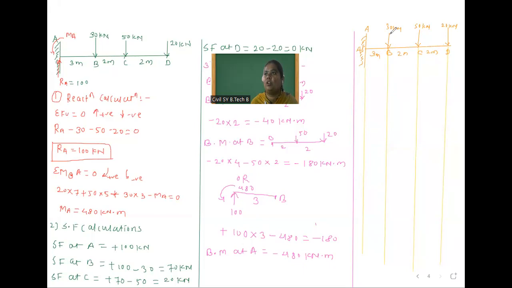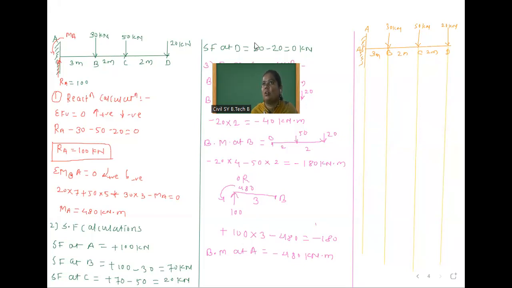Okay, now we will draw the shear force diagram. All values of shear force are positive. So we will first draw the baseline and then continue. Suppose this is our baseline for shear force. Shear force at A is plus 100, so it will be above the baseline. Suppose this is our plus 100 point.